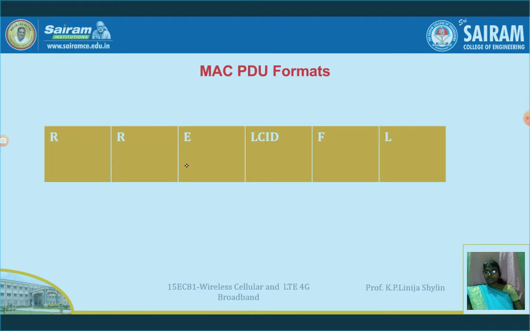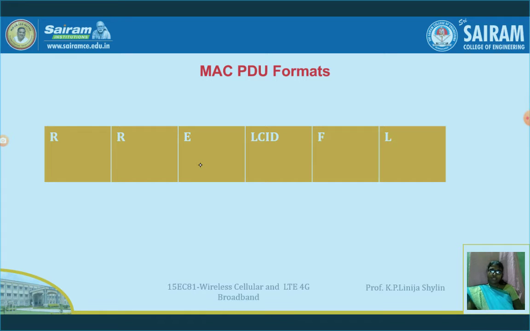Then here this consists of separate fields, that is R, R, E, LCID, F and L. What will this R field do? This R field is reserved, it is always set to 0. And this E is the extension field. We can say it is like a flag indicating if more fields are present in the MAC header.